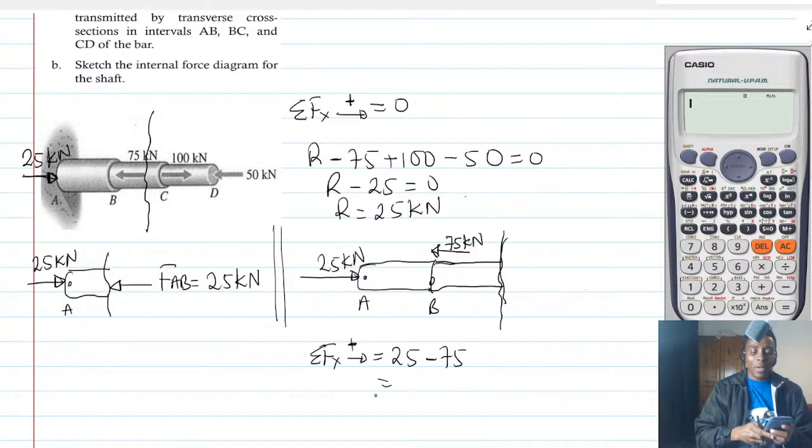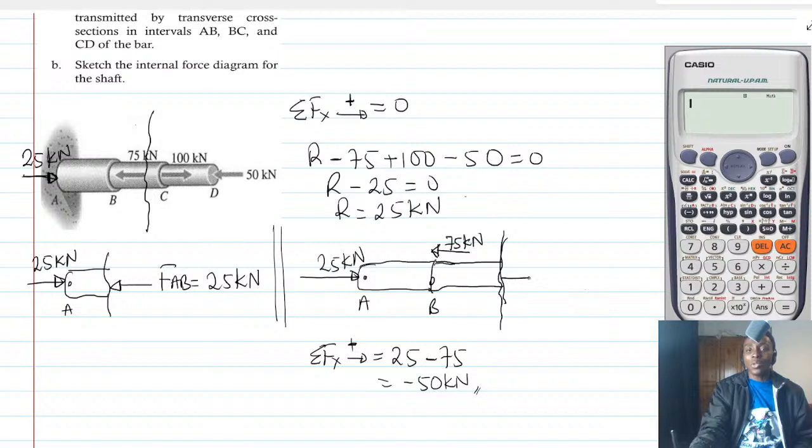So 25 minus 75, that is minus 50. Clearly speaking, it means that the summation of the forces is minus 50. So if I need a force which will cause it to be in equilibrium, then I need that force to be in the positive direction.